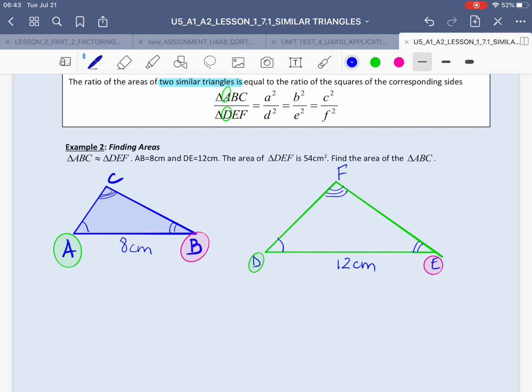It's given that they are similar, so we're going to say that the area of the triangle ABC divided by the area of the triangle DEF equals the length of AB squared over DE squared.